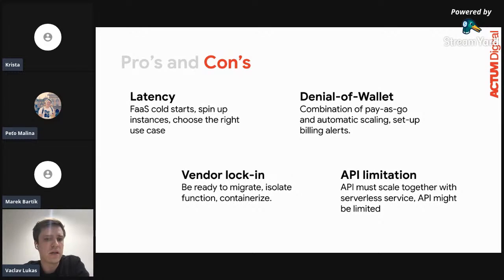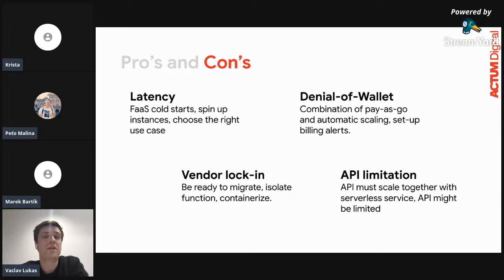So you only have to pay for the functions or for the services that you use. And when you are not using them, you're not paying for them because the services are turned off or the instances are turned off. So idle instances might introduce some additional latency when you finally decide to invoke them.